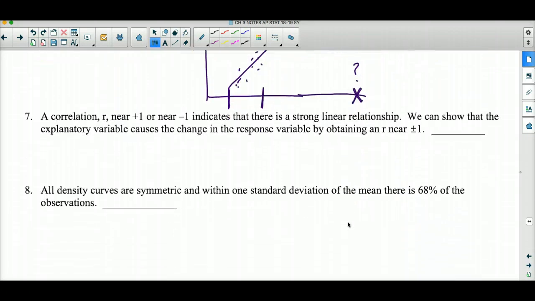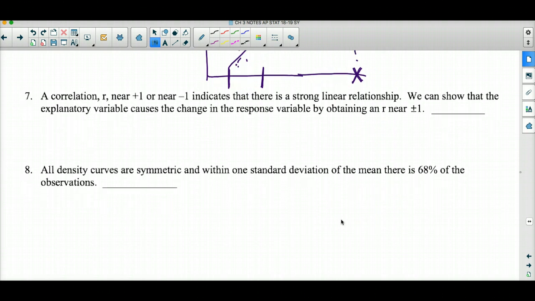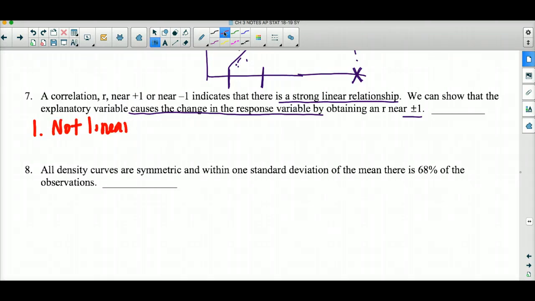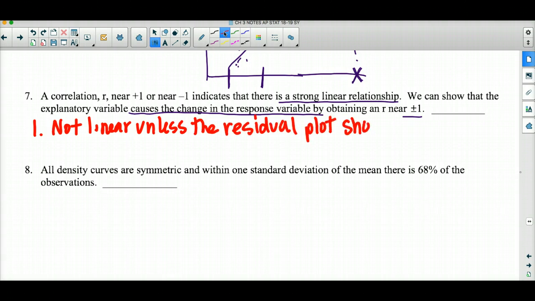A correlation, R, near +1 or -1, indicates that there is a strong linear relationship. We can show that the explanatory variable causes the change in the response by obtaining an R near ±1. False. 2 reasons this is false. Tell me one thing. Number 1, not linear unless the residual plot shows no pattern.